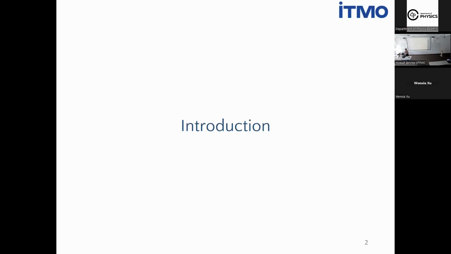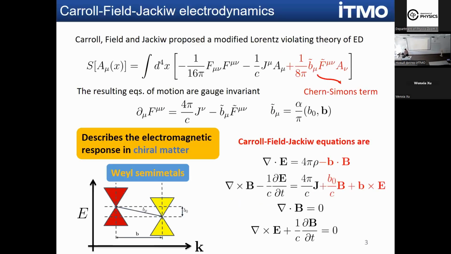First, let me give a brief introduction to the topic. In the 90s, Carroll-Field-Jackiw proposed a modified Lorentz-violating theory of electrodynamics that consisted in adding an extra Chern-Simons term to the Lagrangian density.